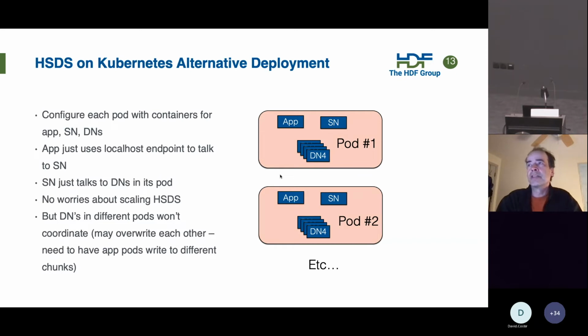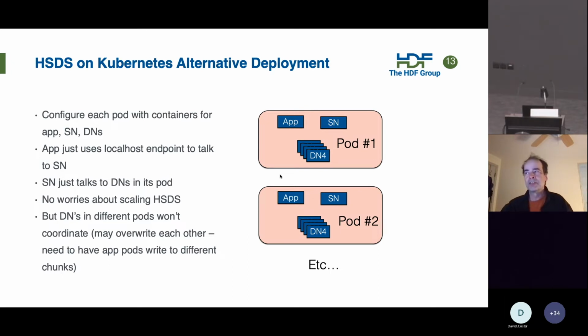There's an alternative way of deploying HSDS on Kubernetes where we have an application, and in that application, we bundle a service node and one or more data nodes within one pod. So now your application is talking on localhost to the service node. The service node is talking on localhost to the data nodes.